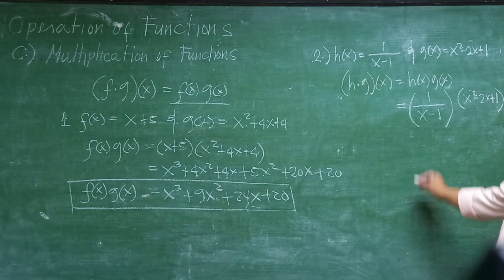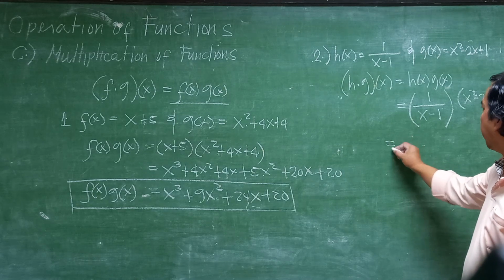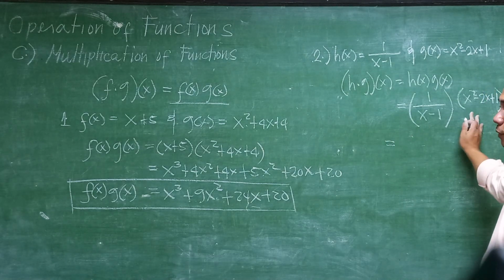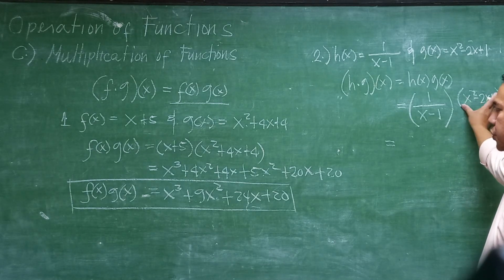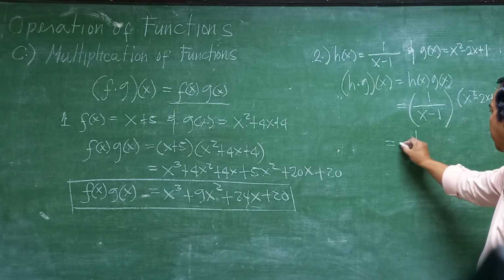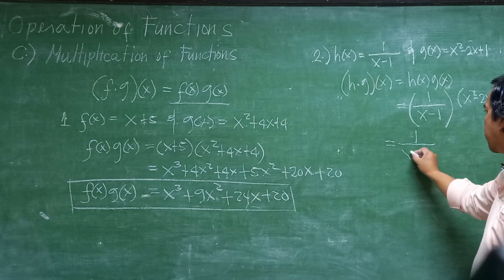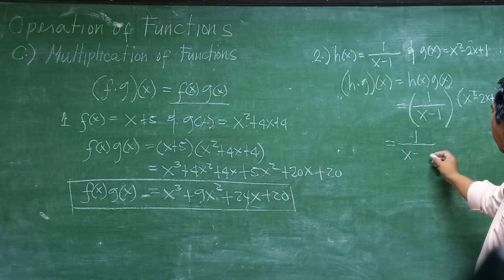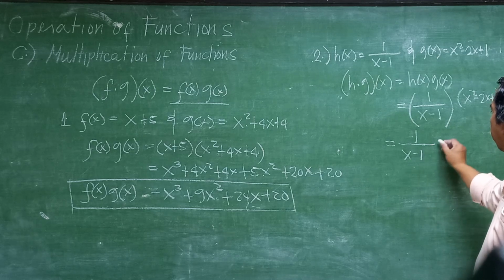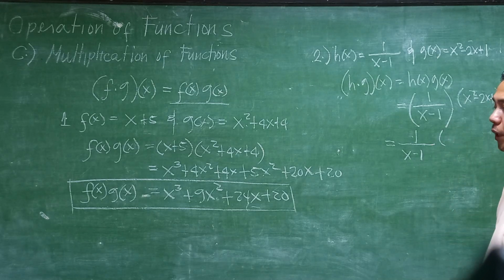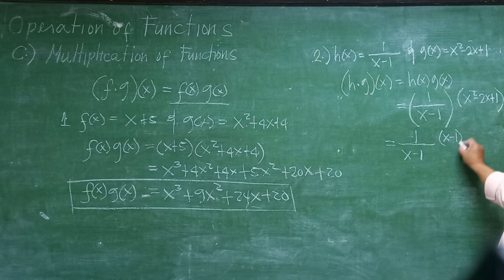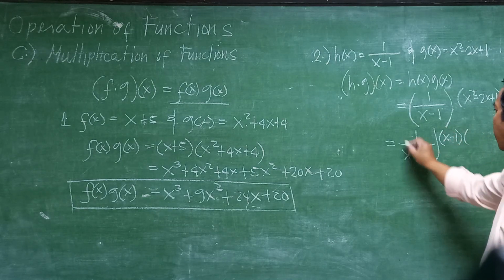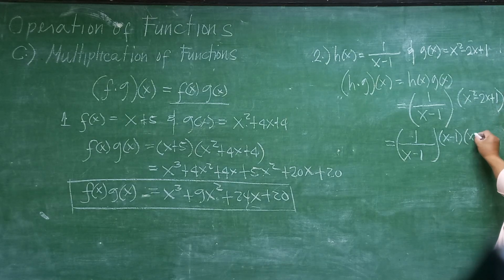Now in here, for us to simplify and get the product, we need to get the factors of this trinomial. Now what are the factors of this trinomial? Considering that that is a perfect square, the factors are x minus 1 multiplied by x minus 1.